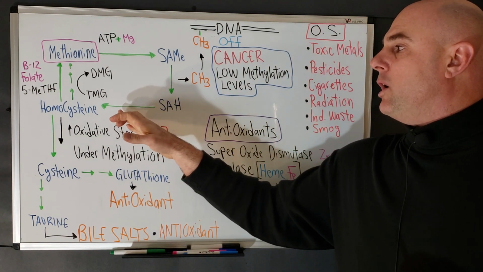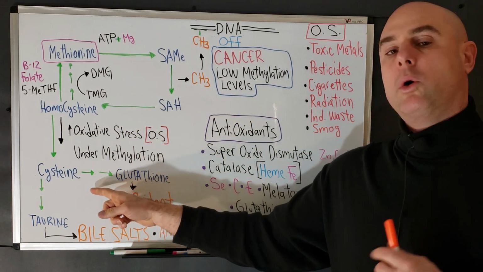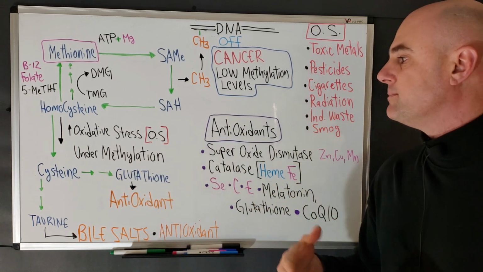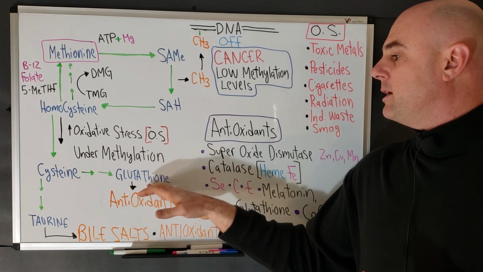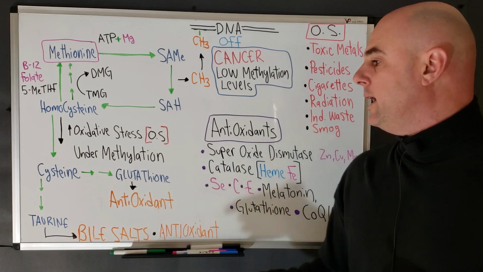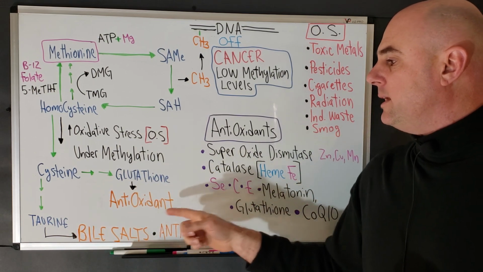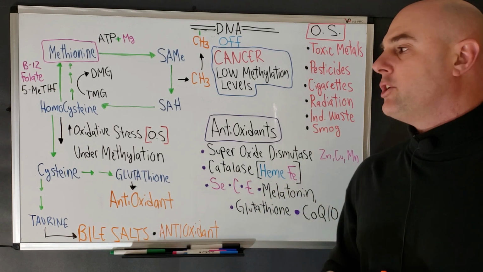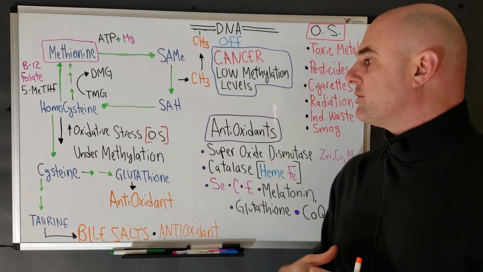Now, however, homocysteine can also be converted to cysteine, which can then be converted to glutathione and taurine. Now, glutathione is an antioxidant, and taurine is used in the liver to produce bile salts, and it also has antioxidant properties.